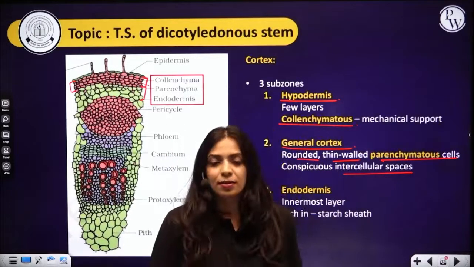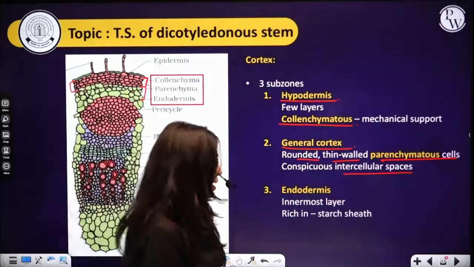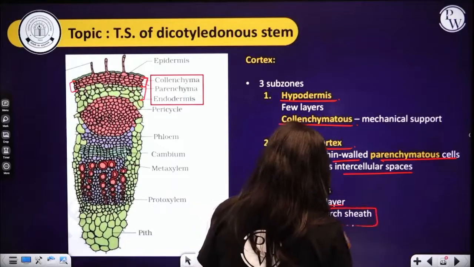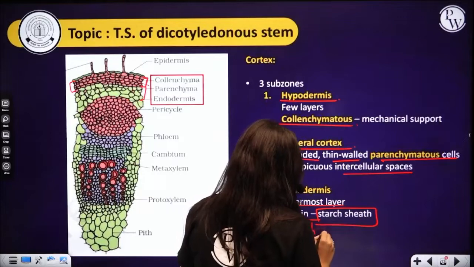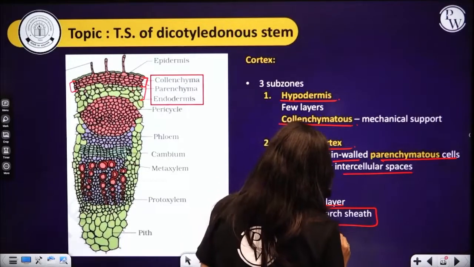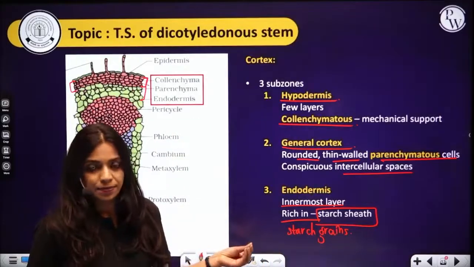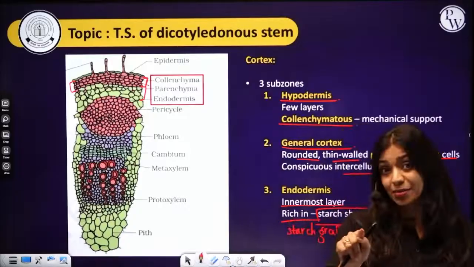Endodermis is the innermost layer of the cortex. Endodermis here is also made up of parenchyma cells and it is rich in starch. Since it has starch grains, it is known as the starch sheath. The thing about endodermis in roots that you have to remember is about Casparian strips.